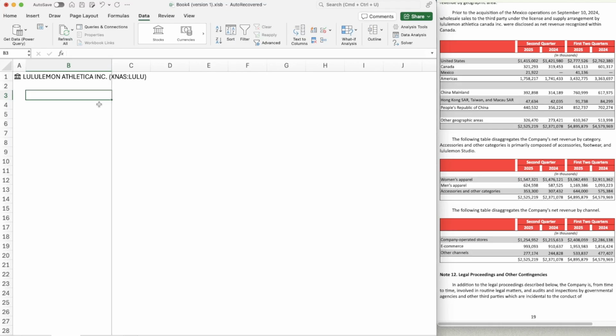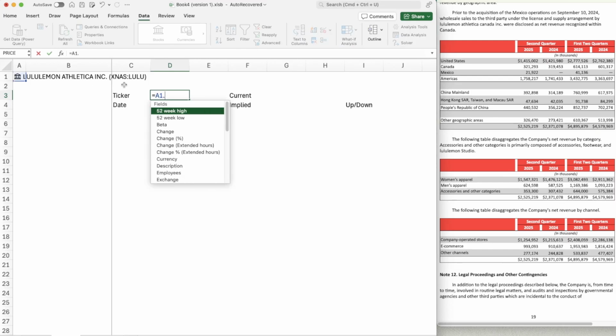So the first thing, as always, is ticker, date. We want the current price, the implied, and then we want to know if there's any up or downside. So the ticker is equals A1, parentheses, ticker symbol, close, and we go.